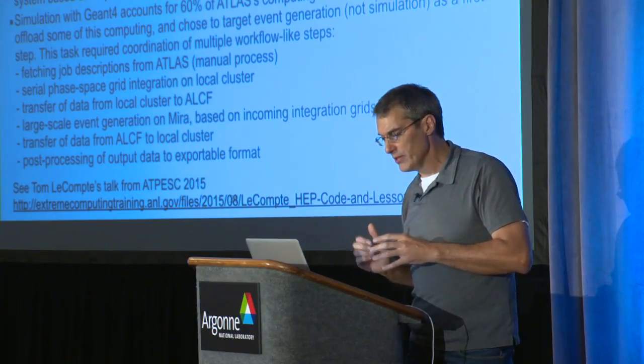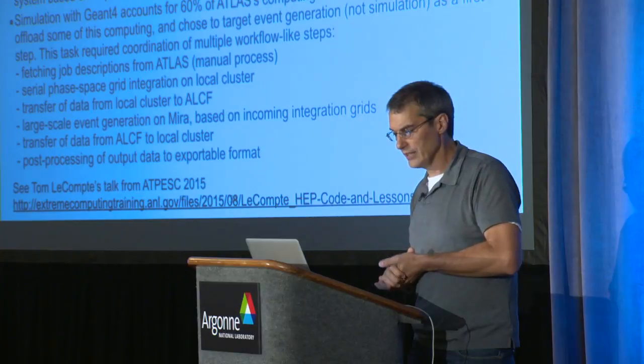We looked at using Mira for an earlier step, which is the event generation stage. So in this case, we had to find a way to extract the necessary inputs from the production system, so that we could do the phase space integration and run these jobs on Mira, and then be able to return those results back to the ATLAS experiment.